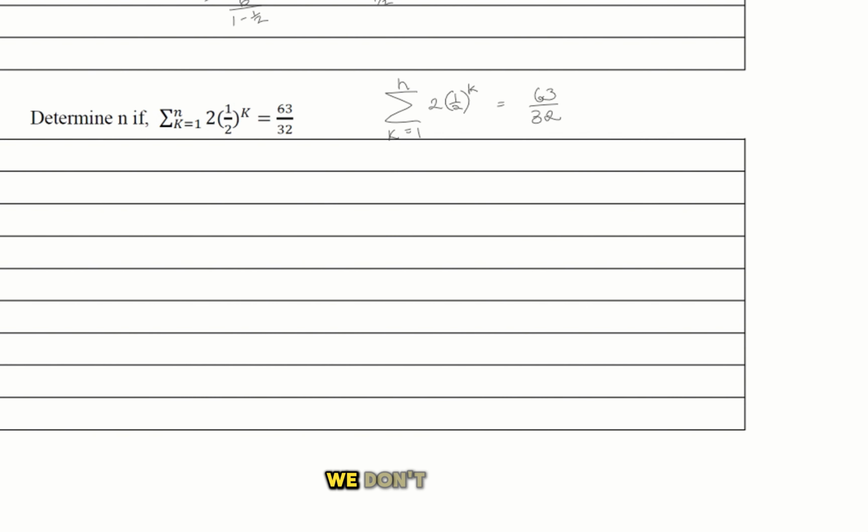When we have sigma, there is a certain procedure that we follow. In this case, we don't need to do step number 1 because we don't know the top. But what would we normally say when we have sigma? To determine n, the number of terms, we would say it's top minus bottom plus 1.